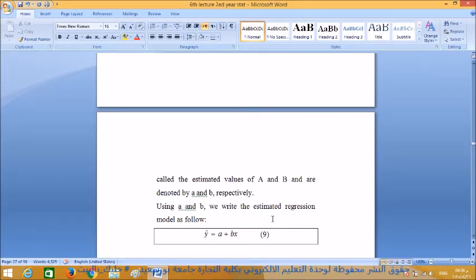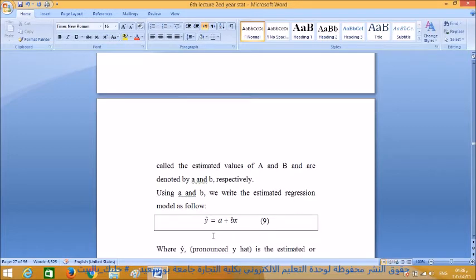So the estimated regression model will be y hat equal a plus b of x. y hat is the estimated dependent variable from the equation, equal a, the constant term, plus b multiplied by x. b is the coefficient of regression.